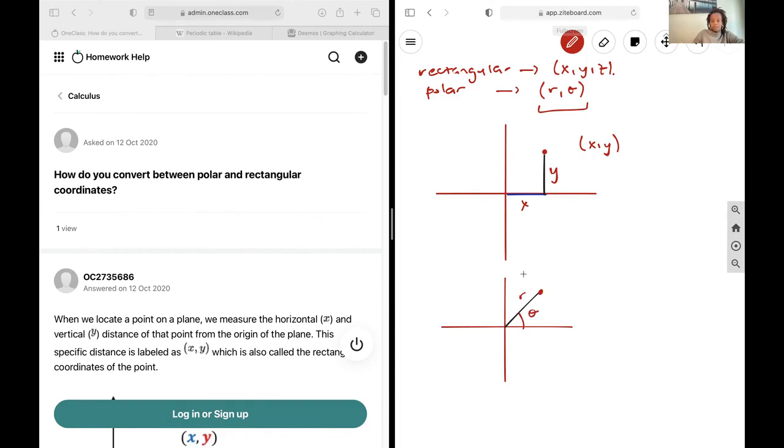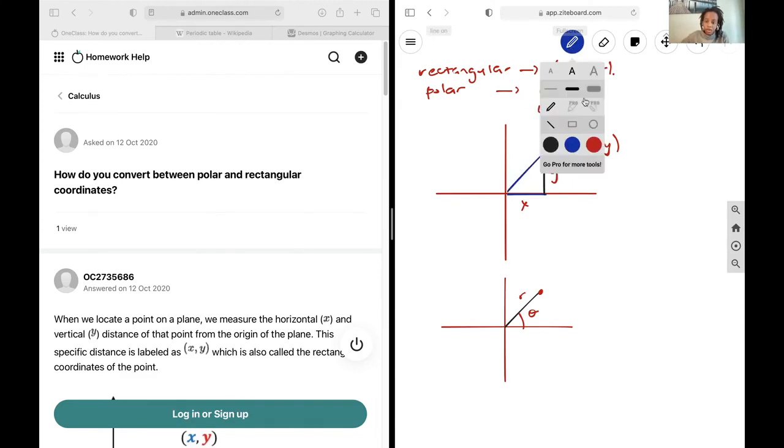If I want to convert between polar and rectangular coordinates, so if I wanted to find r from this, I can see quite clearly that r is going to be just here.